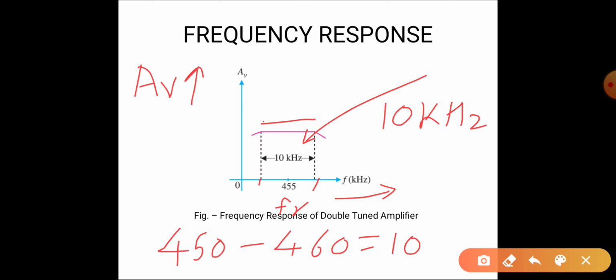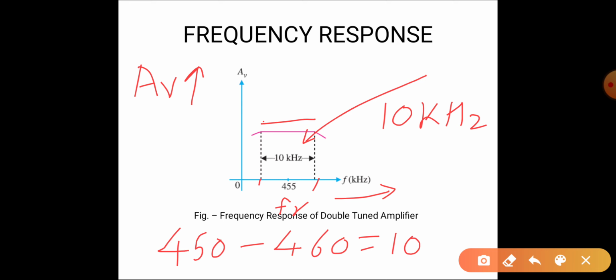Between this 10 kilohertz range, meaning 450 kilohertz to 460 kilohertz, your double tuned amplifier will amplify the signals in this range only, and for all other frequencies it will not amplify, meaning it will reject all other frequency signals. It will only amplify the range of frequencies between 450 kilohertz and 460 kilohertz.